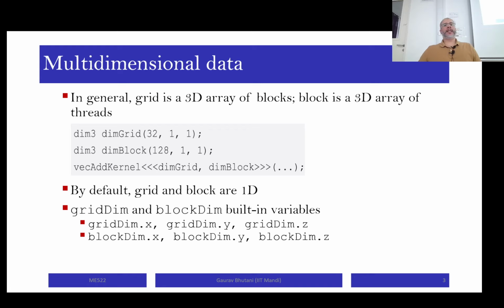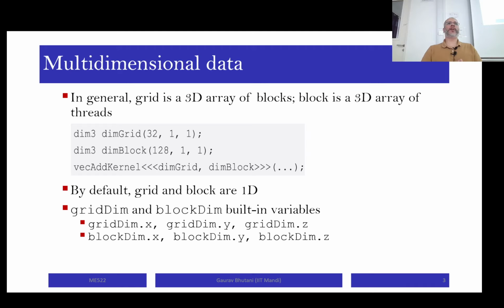So as I said earlier, you can also work with multidimensional data, like matrices, which are two-dimensional. So when you work with matrices on a GPU, the GPU should be able to handle that. In fact, the way we interact with the GPU, we can handle multi-dimensional blocks.